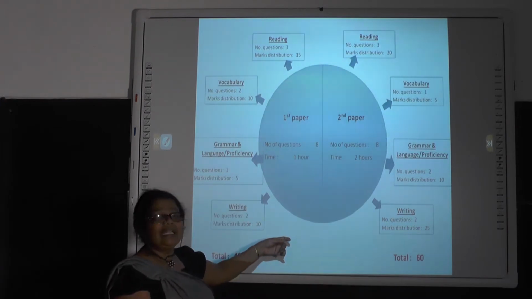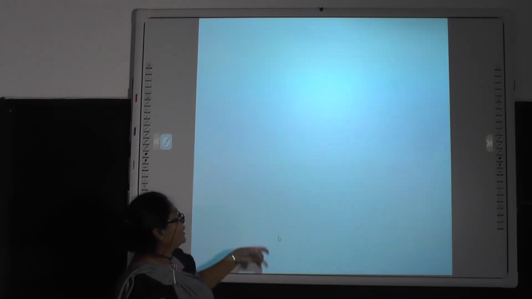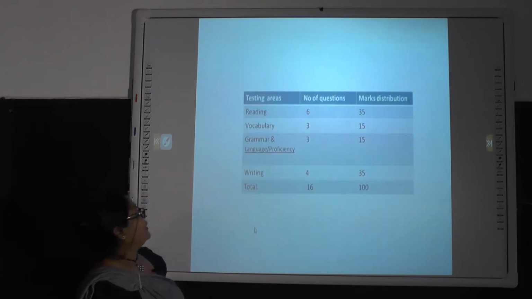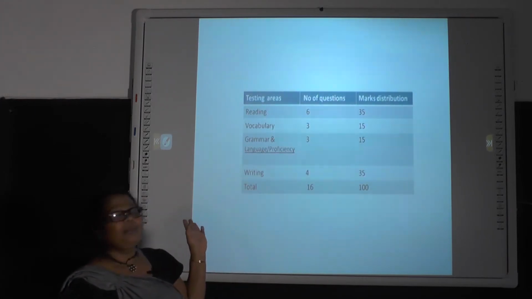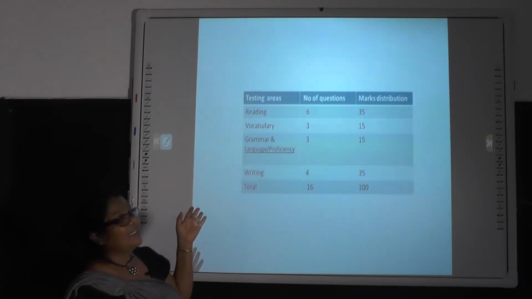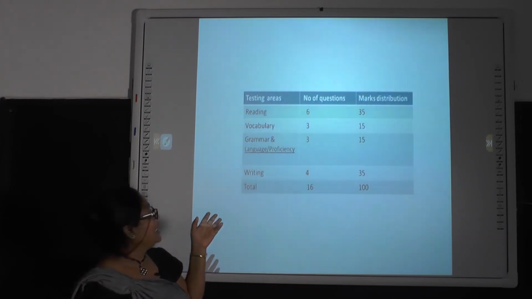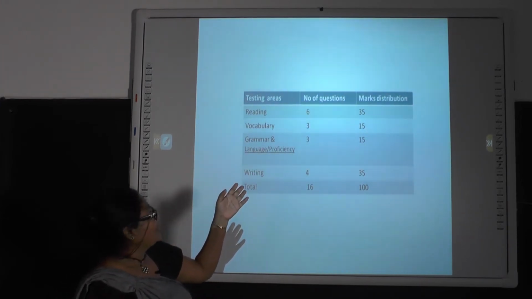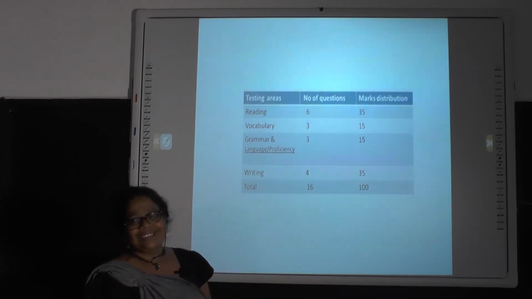Let's have another clarification. Now look at this. In the first column you can see the testing areas which I have introduced earlier, the number of questions that appeared, and the marks distribution.